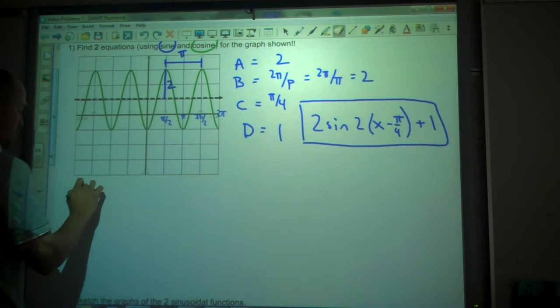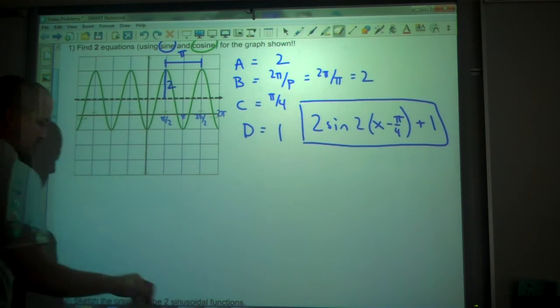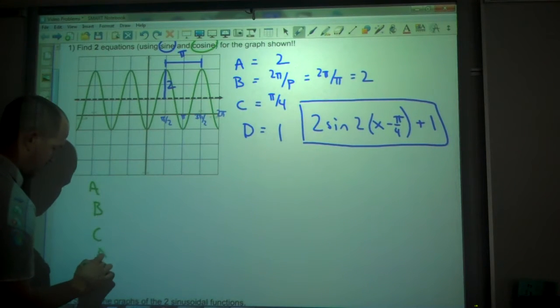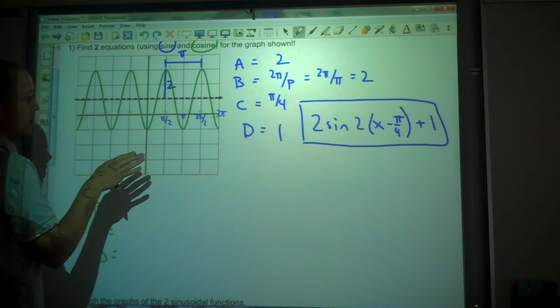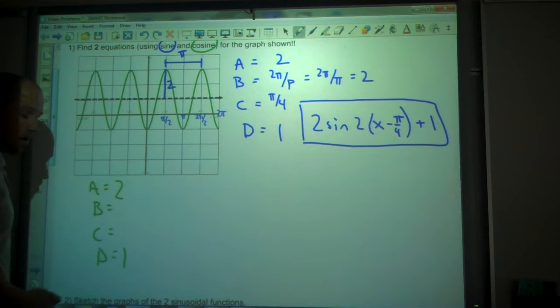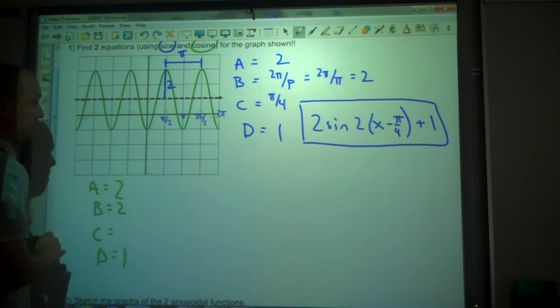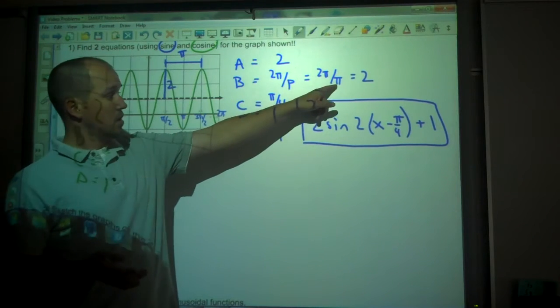So now we're going to use cosine. Amplitude's the same. Let's see, what else is the same? It's still shifted up 1. Our B is the same as well. The period is still just 1 pi.